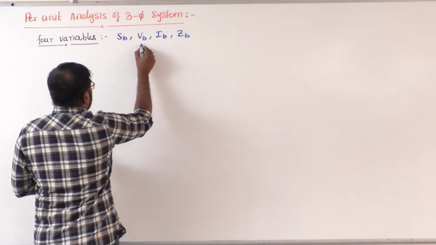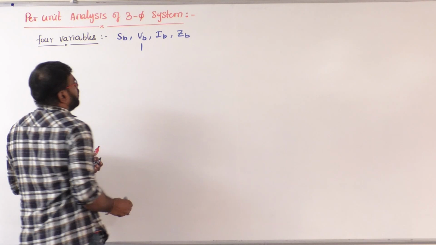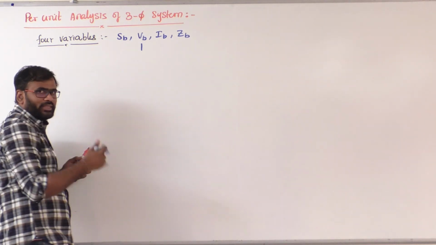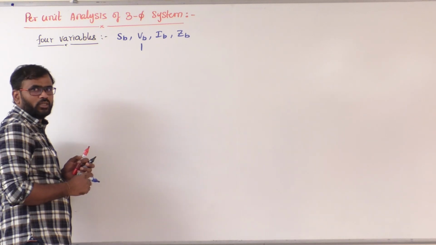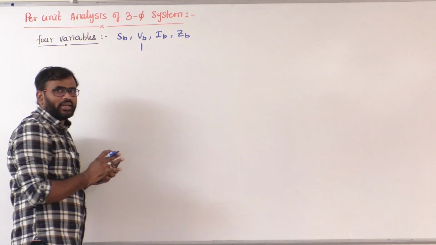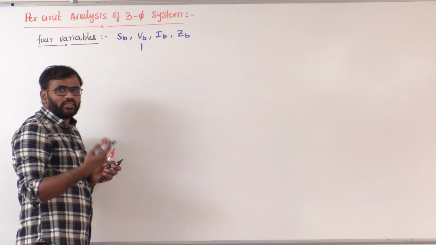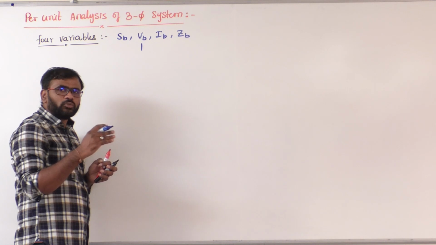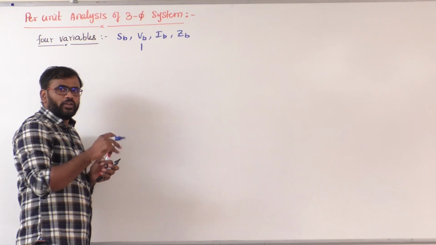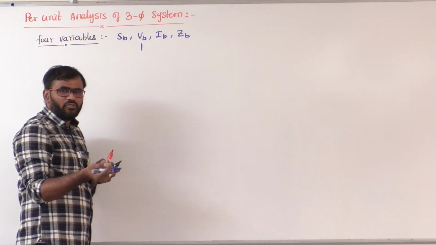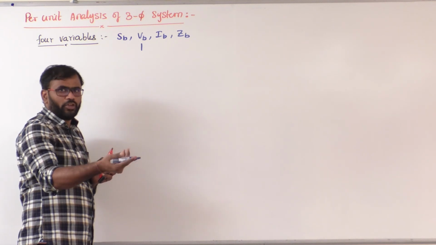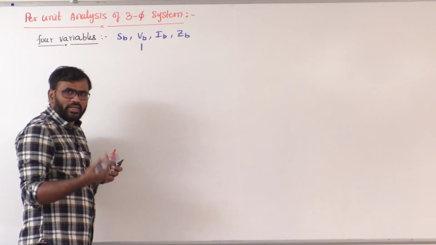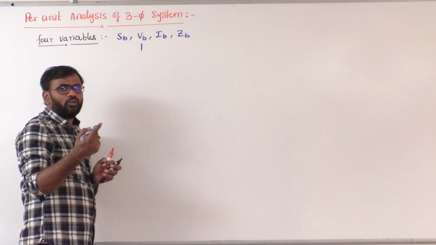But be careful, in a single phase system there is no concept of line voltage. Whatever voltage we are talking about is by default the phase voltage. Similarly, there is no concept of line current. Whatever current we are talking about is by default the phase current. But in a three phase system, if it is a voltage the question will come whether it is a line voltage or phase voltage. Similarly, if it is a current the question will come whether it is a line current or phase current.